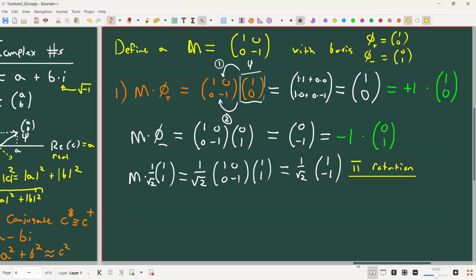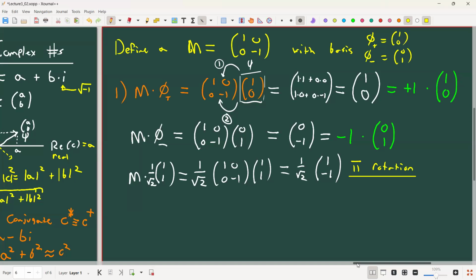Okay, so in some sense, the behavior of M acting on the base states is different than on the linear combination. And so now we have, in some sense, 2 different outcomes to our operation. One is that it can change the direction by 180 degrees, or it doesn't change the direction at all when you feed in the basis states into it.